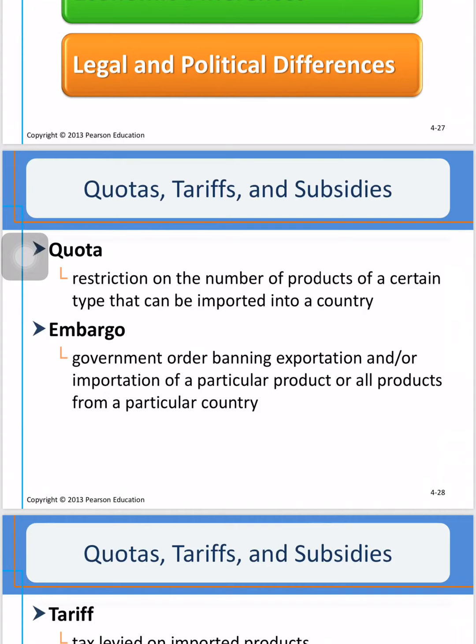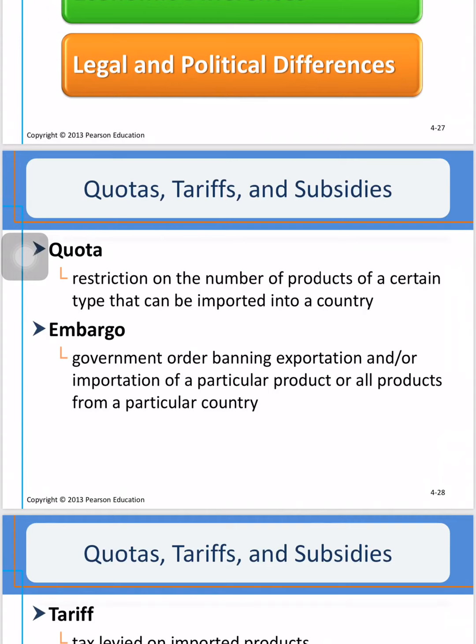However, an embargo is a government order forbidding exportation and importation of a particular product from specific countries. An embargo is government control forbidding the exportation or importation of a product which can cause harm, or the content of the product they may control.